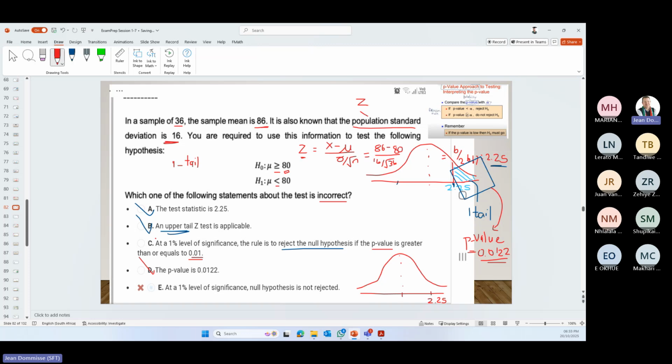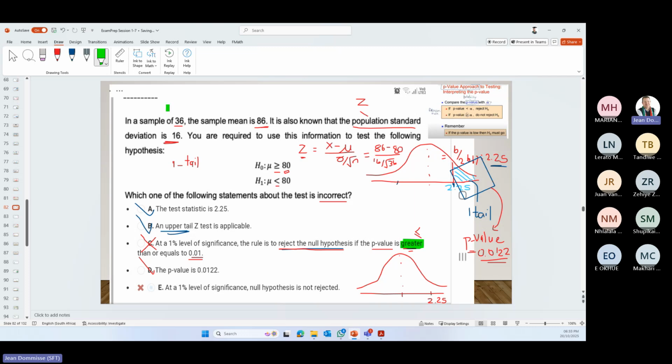So that is going to be the incorrect one. You reject the null hypothesis if the p-value is smaller or equal to 0,01. That is the wording that was wrong.